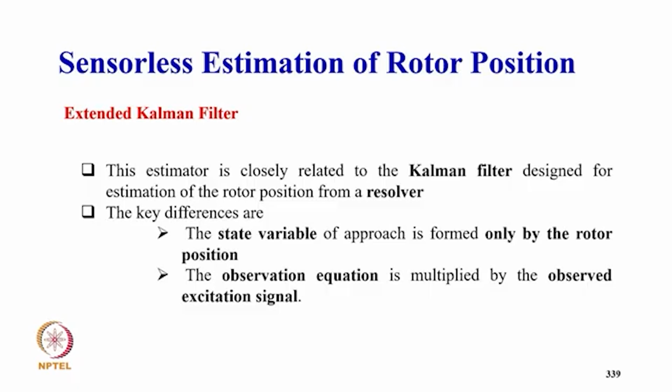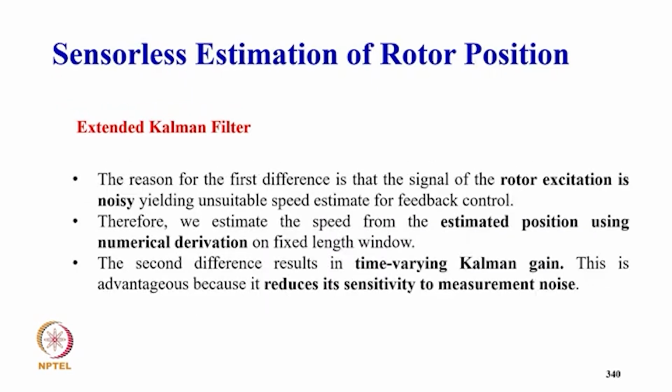Now coming to the extended Kalman filter. So this estimator is closely related to the Kalman filter designed for estimation of rotor position from a resolver, and the two key differences are: the state variable vector is formed only by the rotor position, and the observation equation is multiplied by the observed excitation signal.